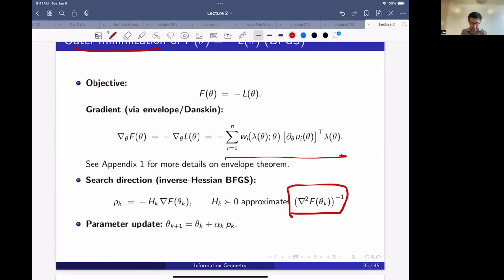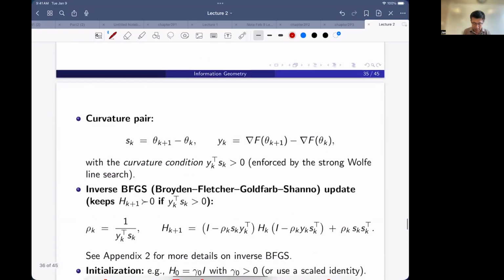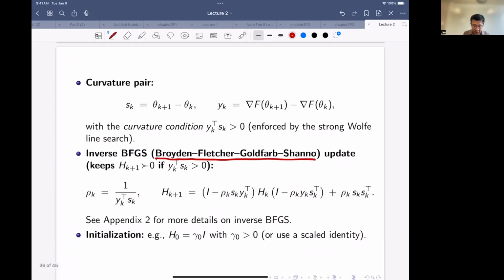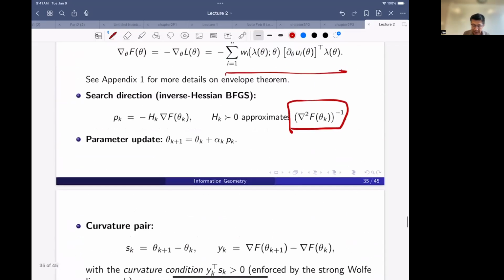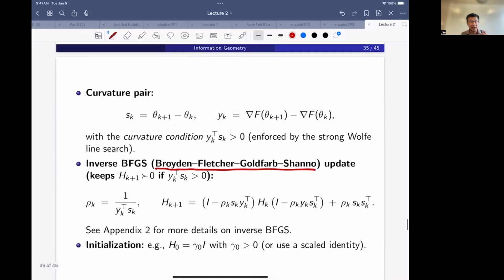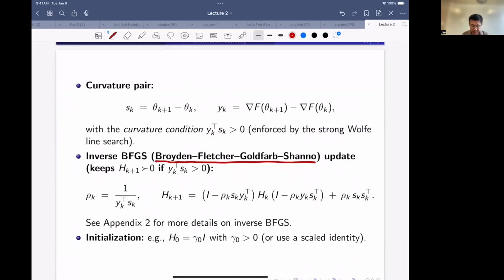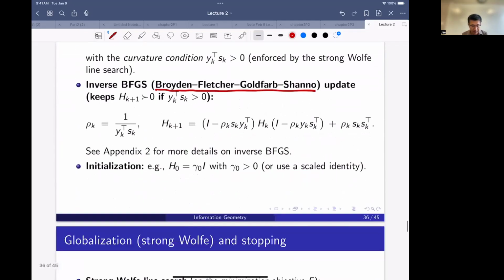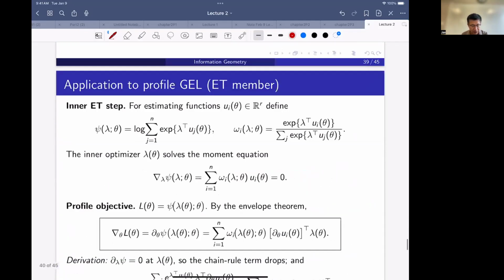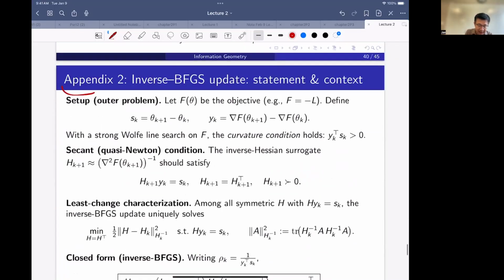So this technique, called BFGS, is a numerical way of computing the inverse matrix. This is an approximation of this guy using some technique. Basically, I actually have appendix 2. So what is this inverse BFGS update?